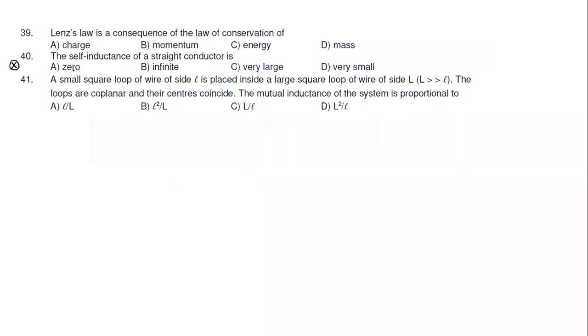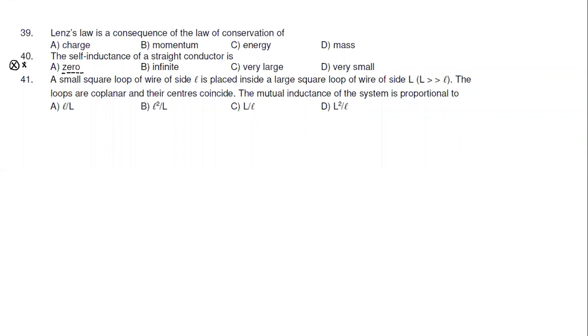In many places you'll find the self-induction of a straight conductor is given as 0. Sometimes some of the explanations are really funny. I'm not sure why this question should not come in the examination, because the self-induction of a straight conductor is not easy to define. That's why we don't go for derivation. In most cases, some of the better references say it is very small. I know the answer is given as 0, so I'll leave this question here.